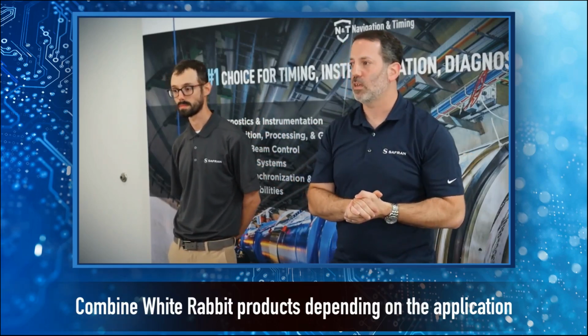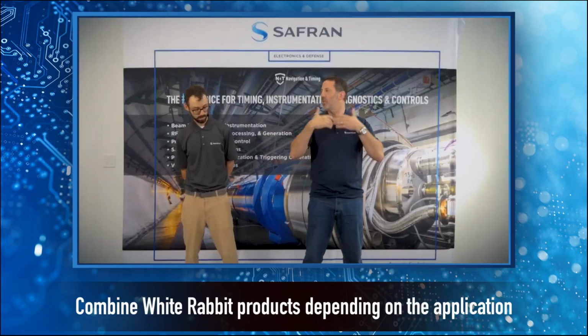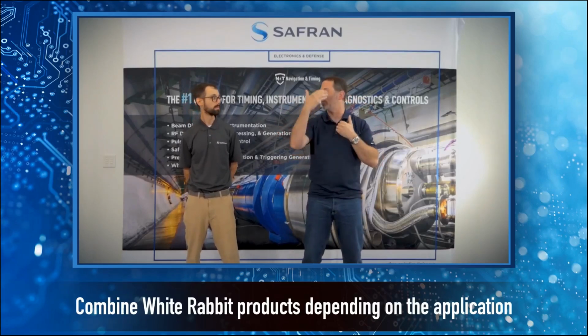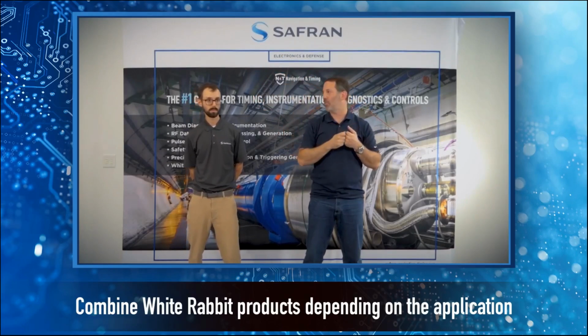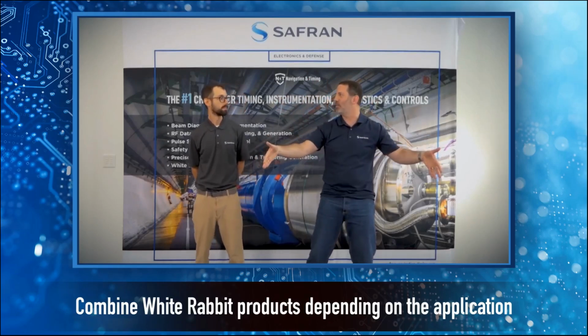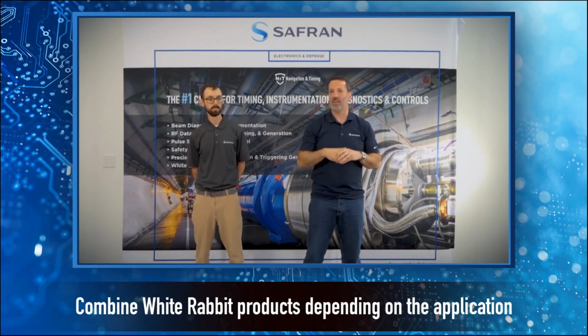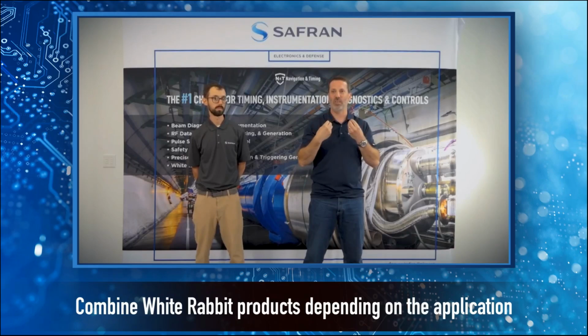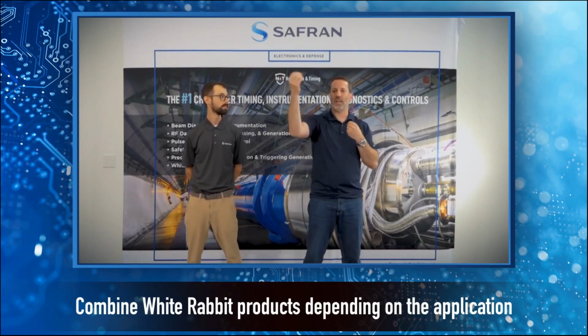But let's say that you are only doing a site-to-site link. Well, maybe you don't need a Z16. Maybe you could have a TPFL that is doing that site-to-site White Rabbit link for you. And then on that site, maybe you do need a lot of devices, and you can then chain a Z16 onto that.